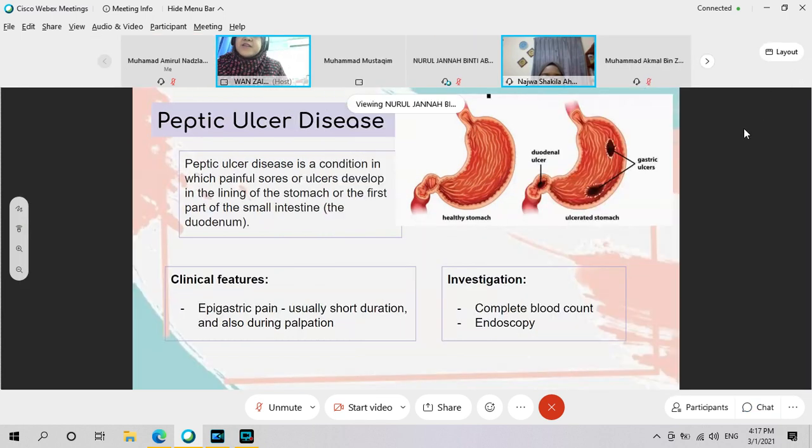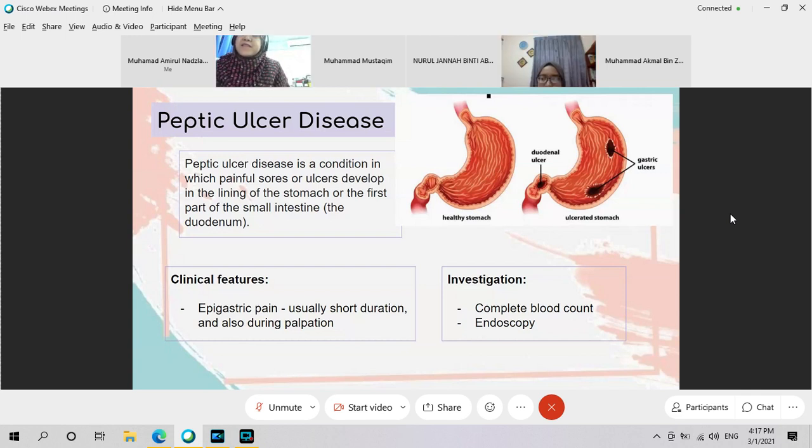The presentation is according to the side of the ulcers. Kalau gastric ulcer, the pain is aggravated by the food intake. Kan? Yes. Duodenal ulcer pula, the pain is relieved by the food intake. Correct? Yes. Why is that so? Kenapa boleh jadi macam tu? Beza. Kenapa tak sama?